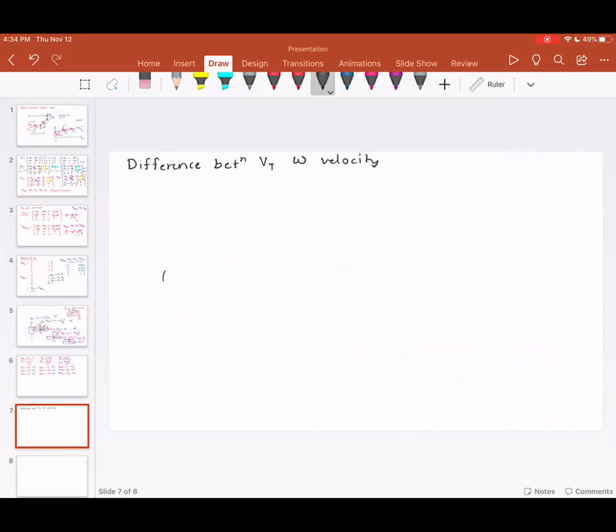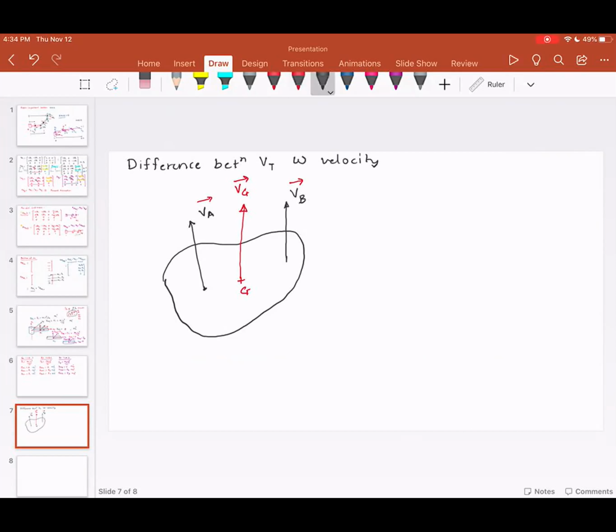If you have a rigid body, the rigid body could have different translational velocities at different locations. But as far as we are concerned, when we try to formulate the dynamical equation of motion, the velocity that we are interested in is Vg, which is the velocity at the center of mass.